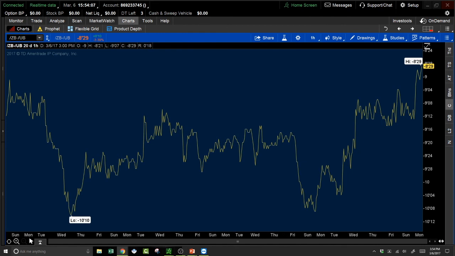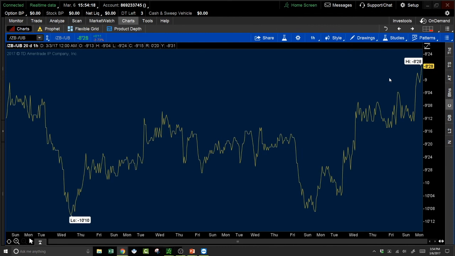So Warren, the key to this trade is to play defense. So if you're in the ZB-UB, what we teach you is if it goes against you, you don't want to cut your losers. You want to protect yourself quicker. And you protect yourself by doing other trades on the yield curve.